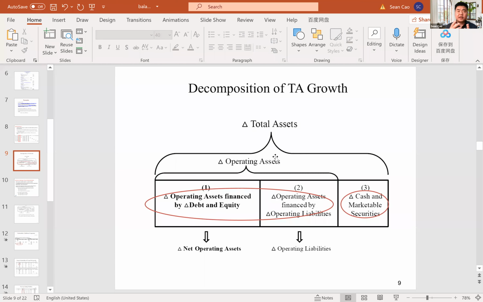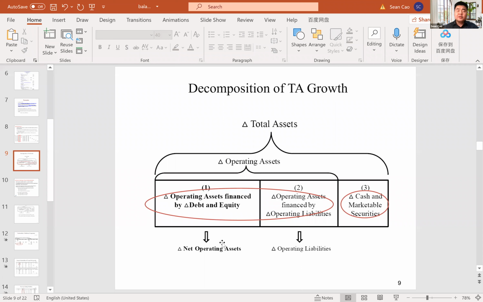They can get money from investors, the bank and the bond market to grow their assets. That's one way. The other way is they can borrow money from vendors and suppliers to grow their assets. So there are two different ways to grow their assets. That's why we have net operating assets and operating liabilities here.